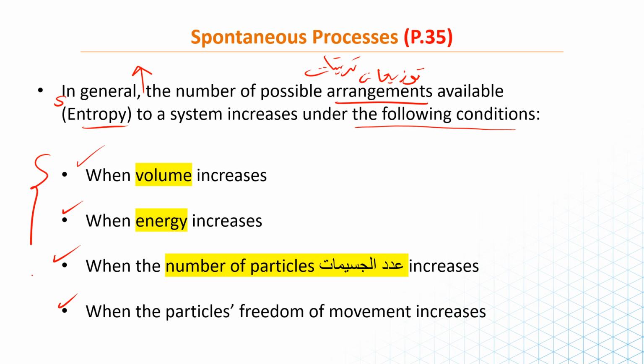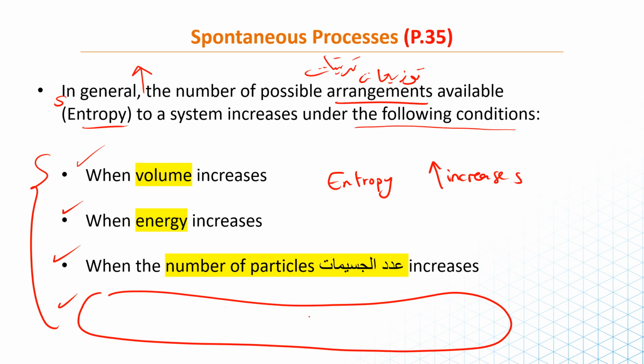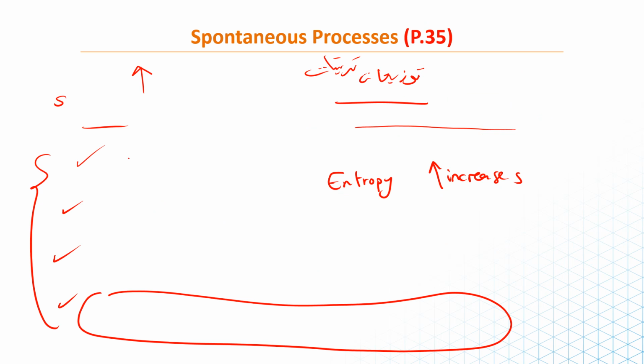So if these things happen, entropy increases. For example, this is what we saw in the previous image: the particles got more freedom of movement. That is picture B. When we opened the stopcock, the particles had more freedom to move, right? That's why the entropy is bigger than here. Okay?